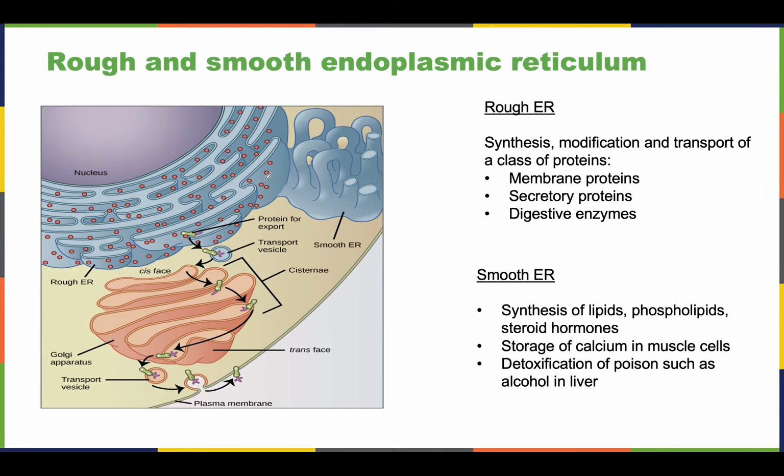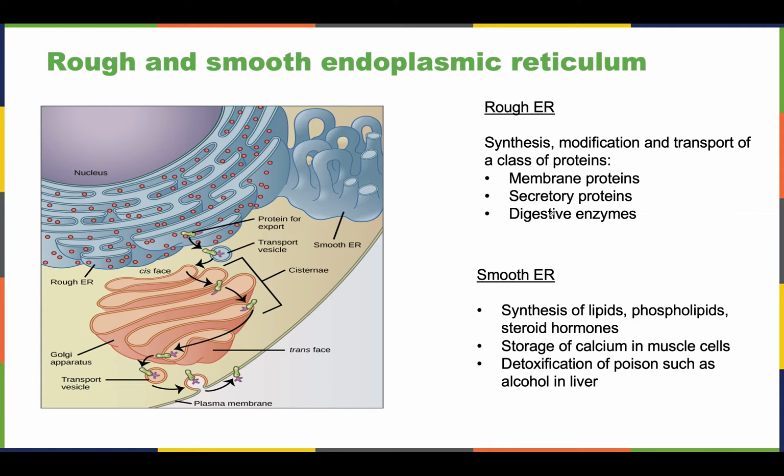So the fact that they are studded with ribosomes suggests correctly that the rough endoplasmic reticulum is involved in synthesis of proteins. And as we mentioned, these proteins are a specific class of proteins. So the rough ER is involved in synthesis, modification, and transport of proteins, which could be membrane proteins, secretory proteins. These are proteins that are secreted outside of the cell.